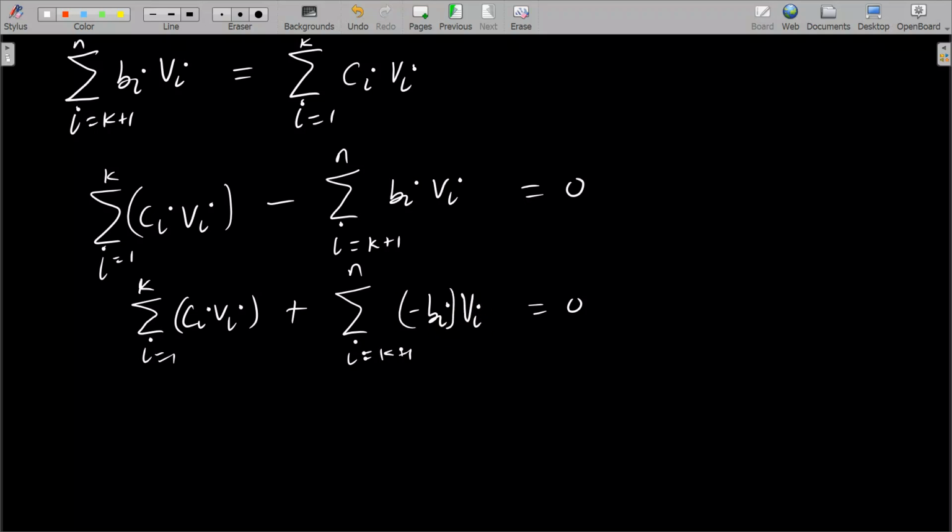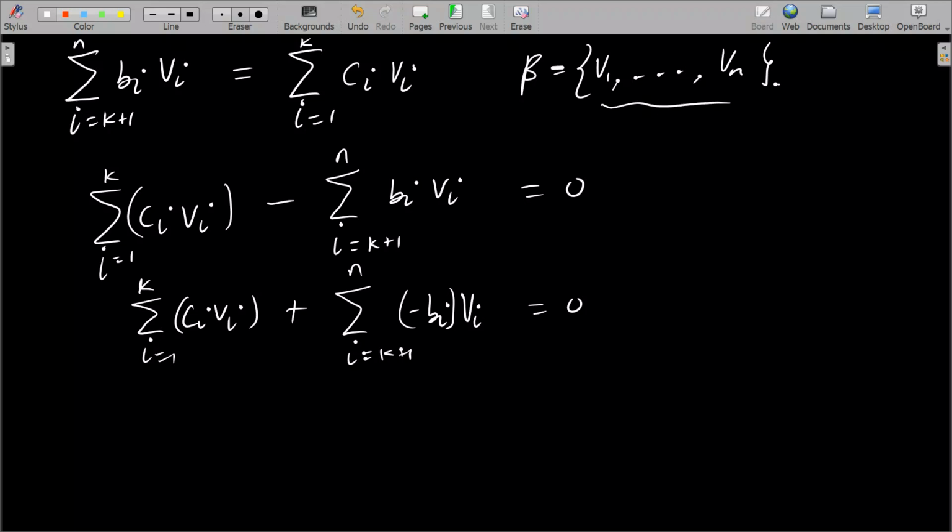We have that. Now if you remember, if you look at this from v1 all the way to vk, beta is equal to v1 all the way to vn, and if beta is a basis for V, then it means every linear combination, let me write it in words.